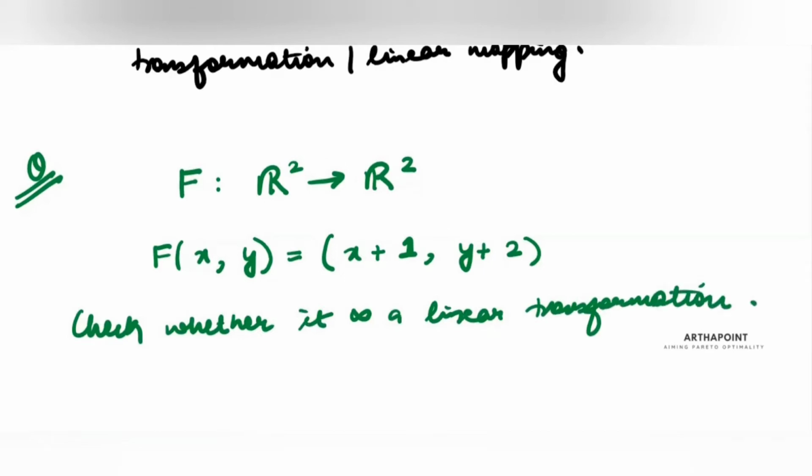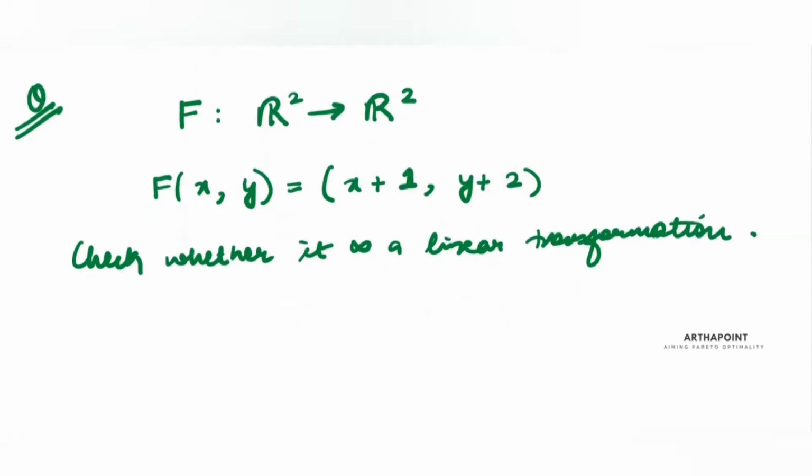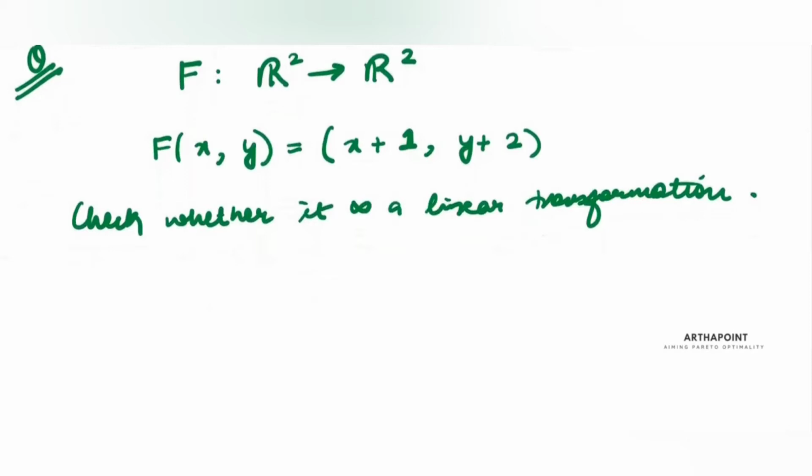Just think about it. You're going from R2 to R2 and you have to check whether it is a linear transformation or not. Now, here is the thing. Let's try this out. What it is saying is whenever you apply the function on any vector x, y, the result that you get is x plus 1, y plus 2.